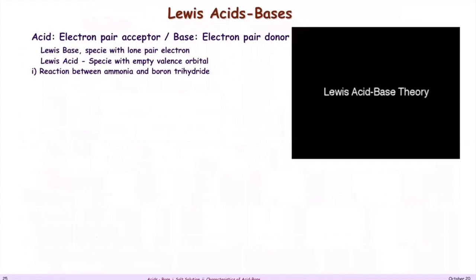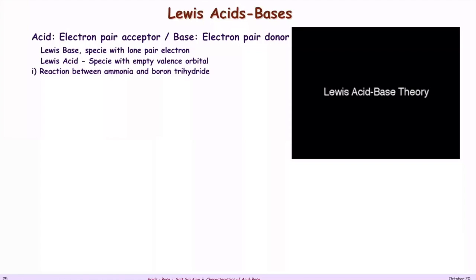Now, the last thing I want to talk to you guys about in this particular section, this is the last section of chapter 16, is Lewis acids and bases. We're going to revisit this concept again when we go to chapter 22, coordination chemistry. But Lewis acids and bases are defined in terms of the electrons being donated or accepted. Remember, a proton is a hydrogen stripped of its electron, but the proton will seek out lone pairs to stabilize itself.